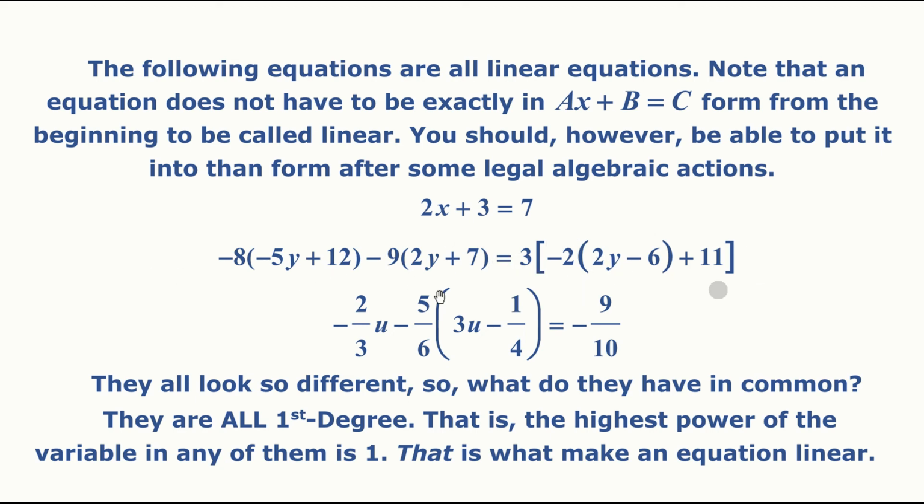We would have to do quite a bit of simplification to be able to see that one, and the same here. What really makes them all linear is the fact that the variable expressions in each of them have no power other than 1. That's what makes an equation linear. All right, and so that's what they all have in common, these linear equations.